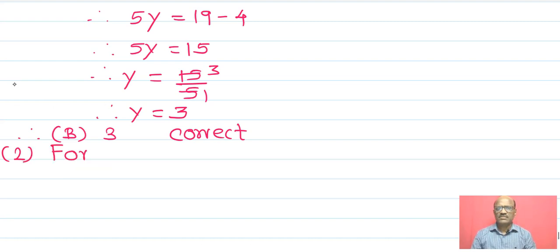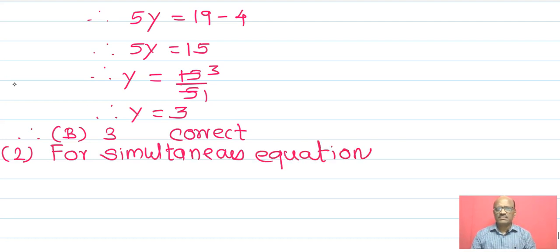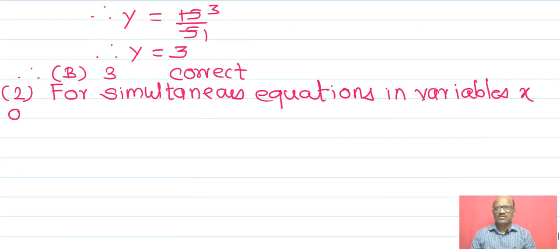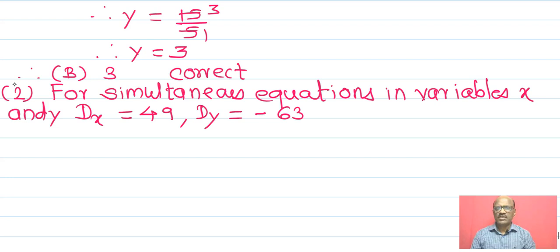Second, for simultaneous equation in variable x and y, dx is equals to 49, dy is equals to -63, and d is equals to 7.